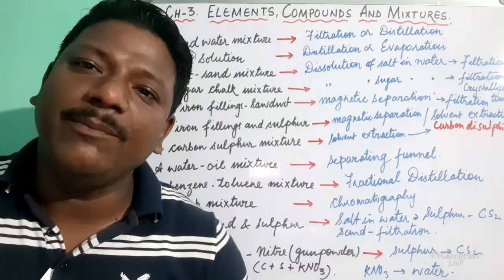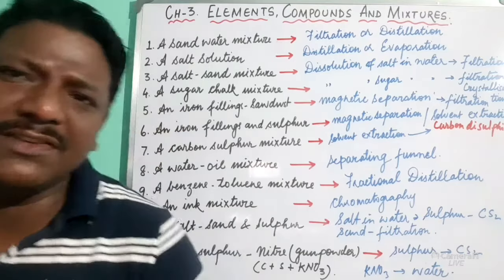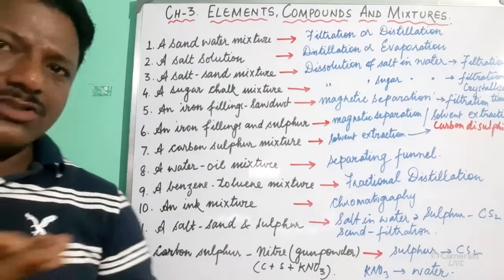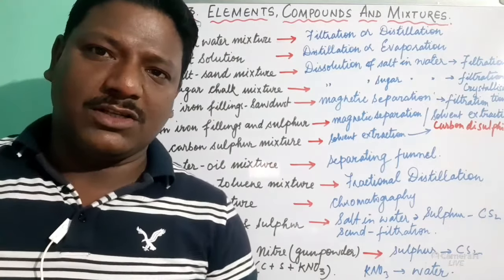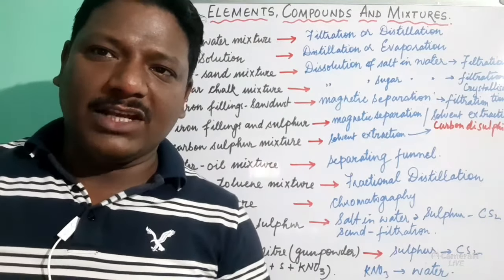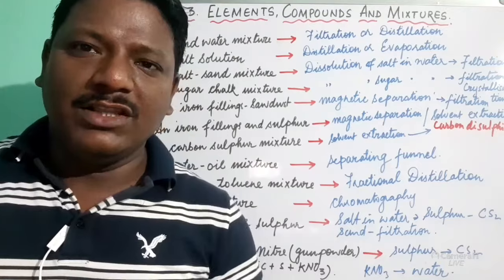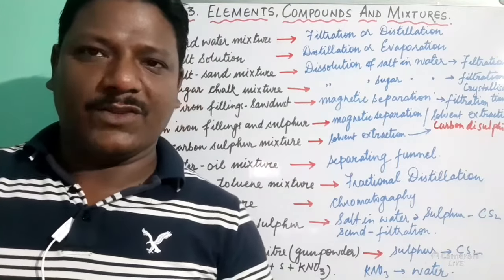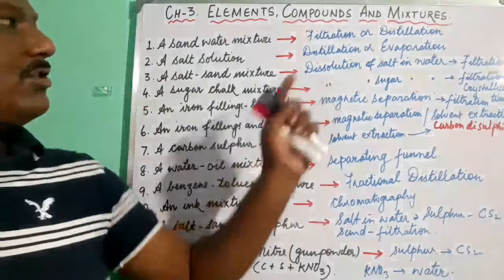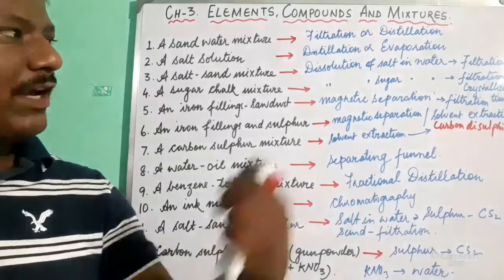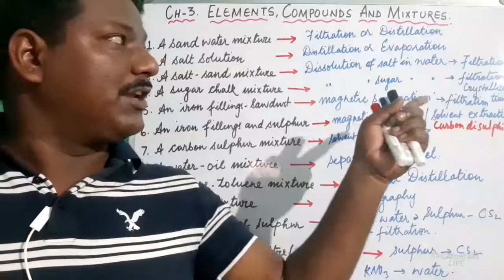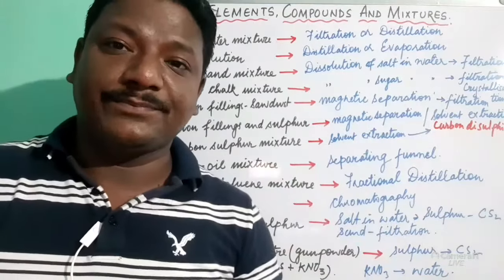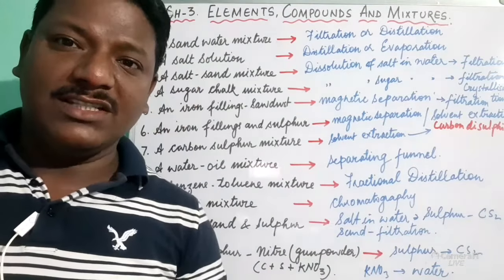Now sugar will be dissolved in the water, and the chalk will float over the water. And in this way what will happen? You can filter the chalk out with the help of the filtration process. So you use dissolution of sugar in water, then you can filter the chalk dust.